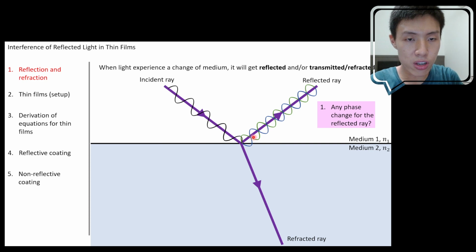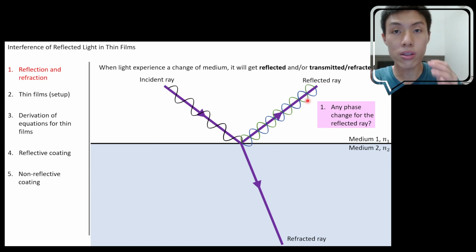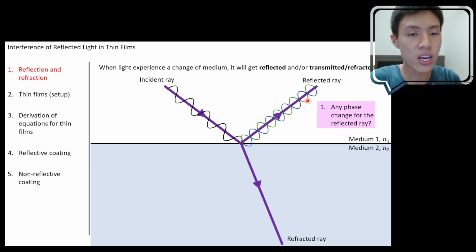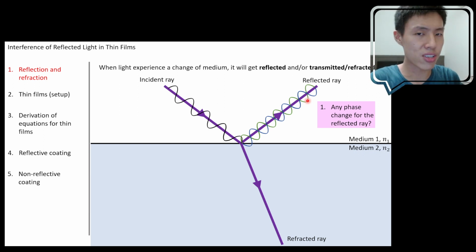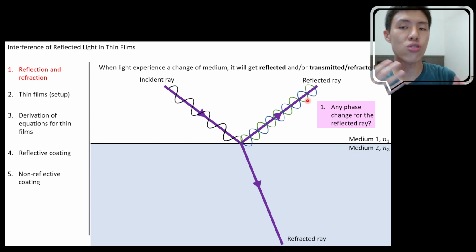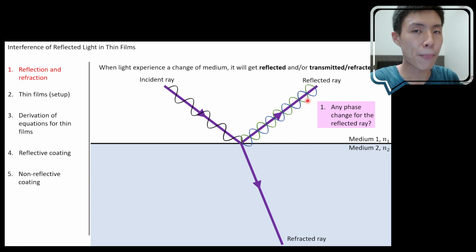The blue wave shows one version and the green wave shows the other. One version is if there's no phase change, another is if there is a half cycle phase change. We'll talk about the half cycle phase change in the next video, so don't worry too much about it. I'm just telling you what we're going to unpack in the next few videos.